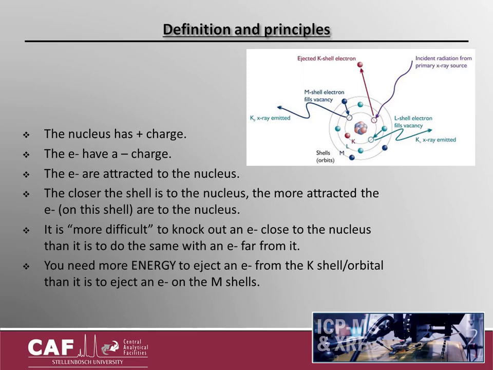In spectral terms, a K shell electron will have a higher binding energy than an L or M shell electron. More energy is needed to eject an electron from the K shell than to eject an electron from the L or M shell. This is of course a simplified interaction of an electron or X-ray with an atom to produce characteristic line spectra. Electrons can also be scattered.